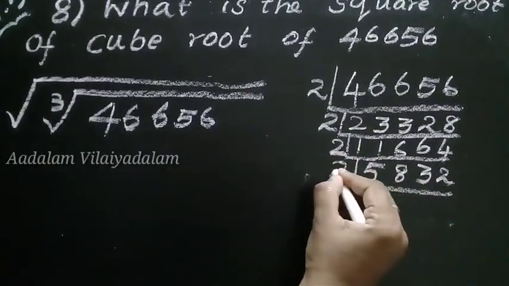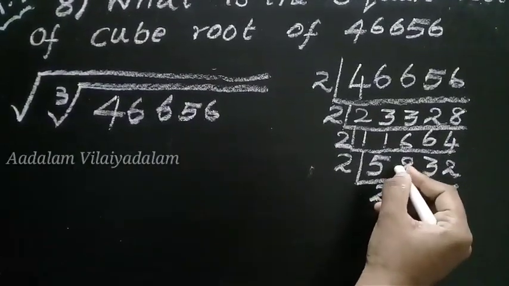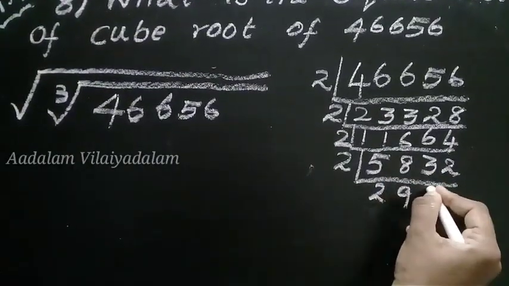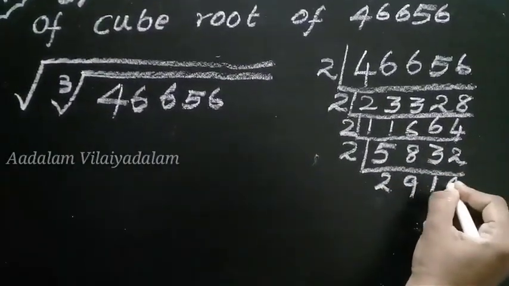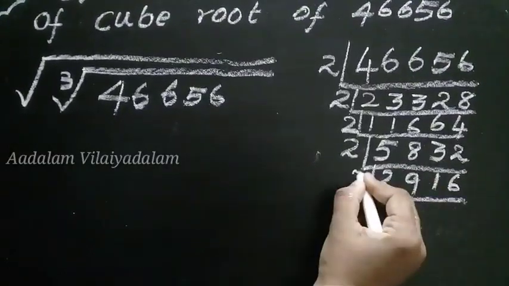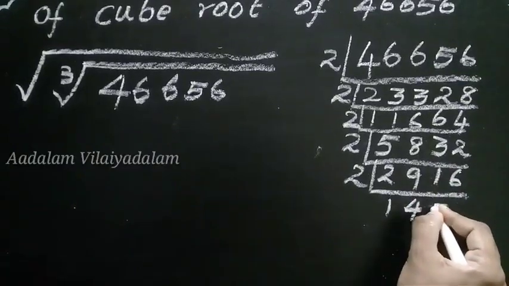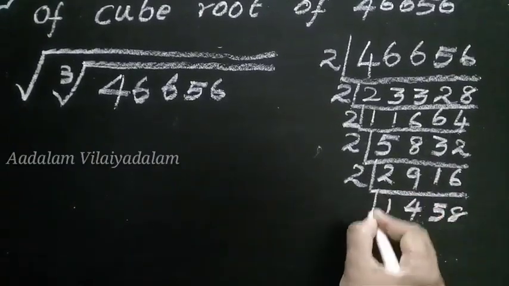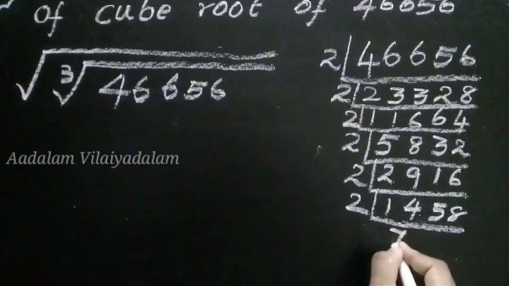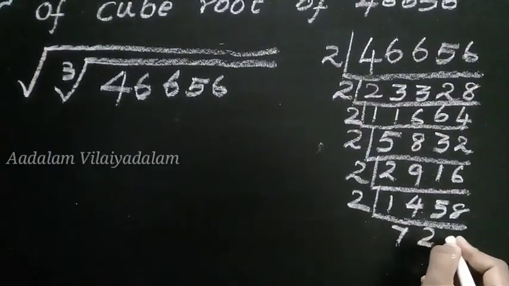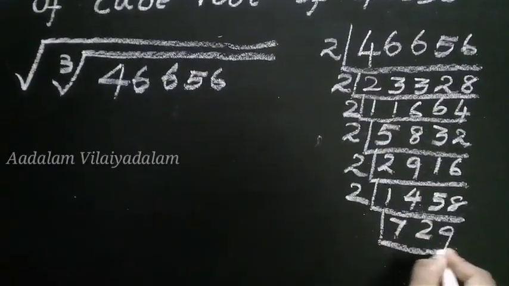Again 2 table, 2 2s are 4, balance 1, 9 2s are 18, 1 2s are 2, 6 2s are 12. So 2 table, 1 times, 4 times, balance 1, 5 times here, so 8 times. So 7 times 2 table, 2 2s are 4, 9 2s are 18.